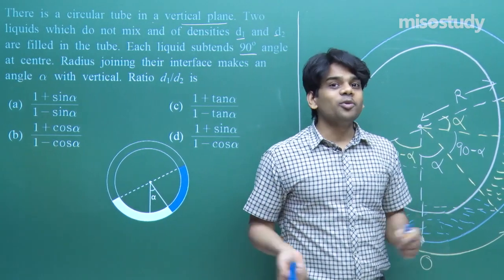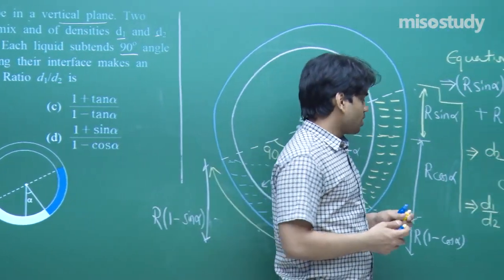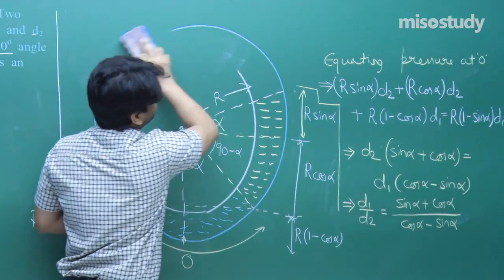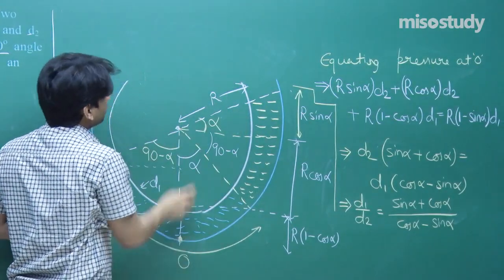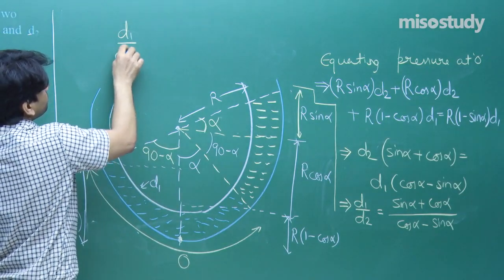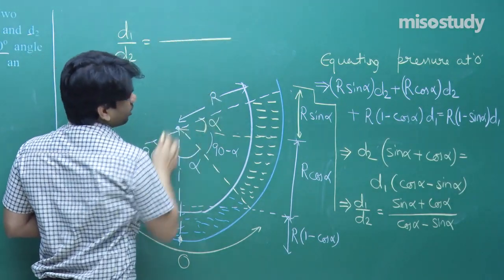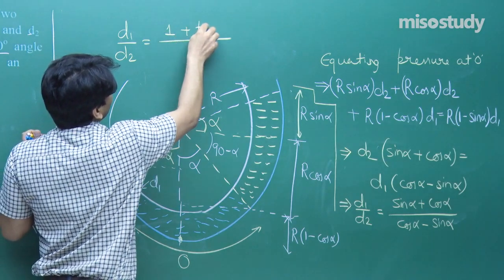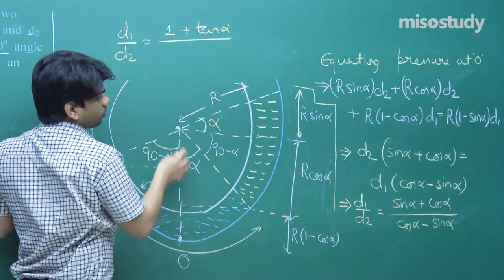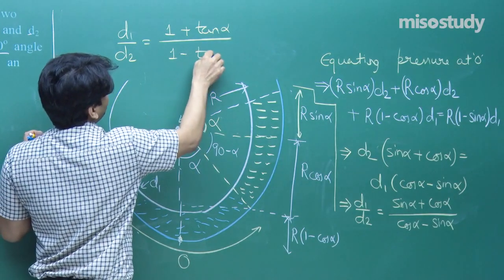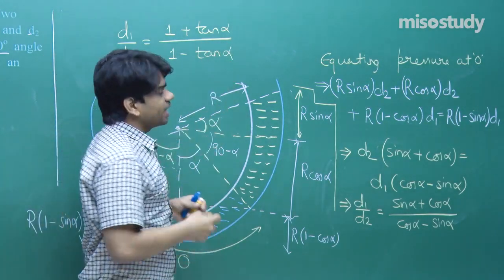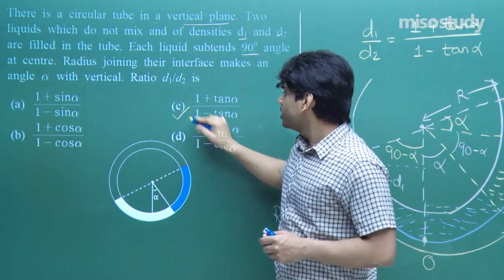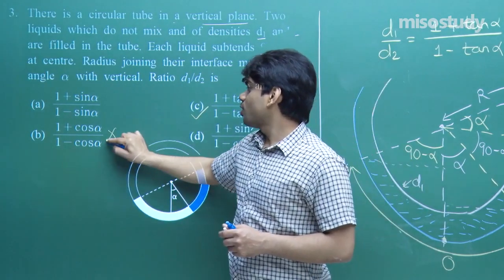So if we divide numerator and denominator by cos α, let me rub some part to show you the leftover part, D1 by D2 will be (1 + tan α) upon (1 − tan α). This is what we are getting. Let's check with the options: (1 + tan α) upon (1 − tan α), option C. The rest all will be incorrect.